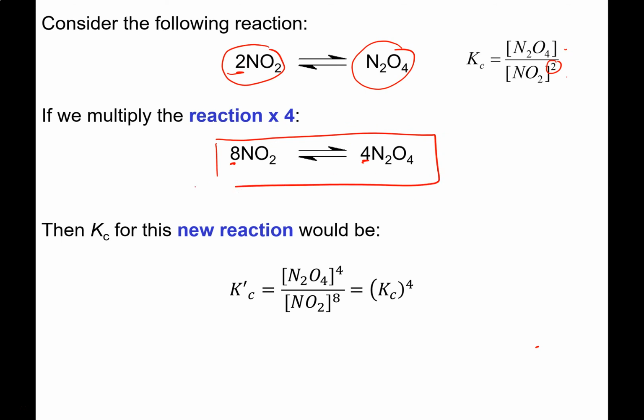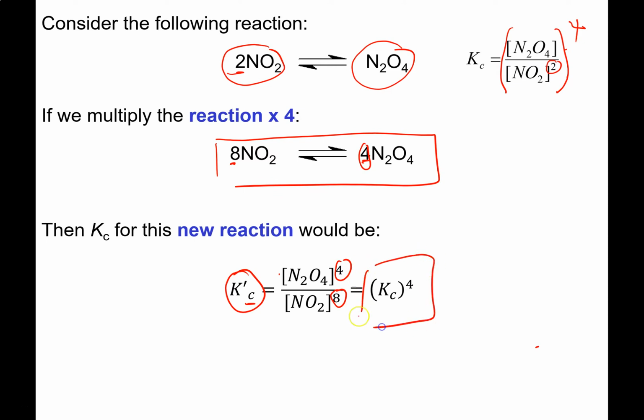And I could now write the new equilibrium constant for this in terms of the concentrations. What would I have? Well, it's products over reactants, but this time I'm raising the concentration of my products to the power of 4, and I'm raising the concentration of the reactants to the power of 8. And if you're observant, this new equilibrium constant is simply the one that I had before, but everything has been raised to the power of 4.